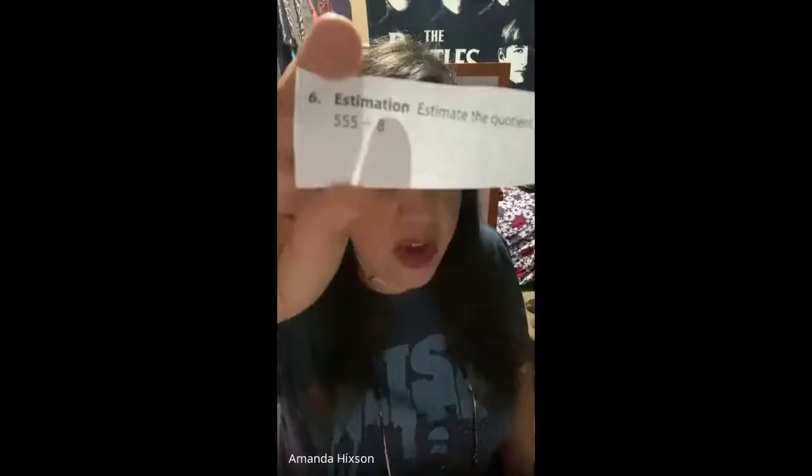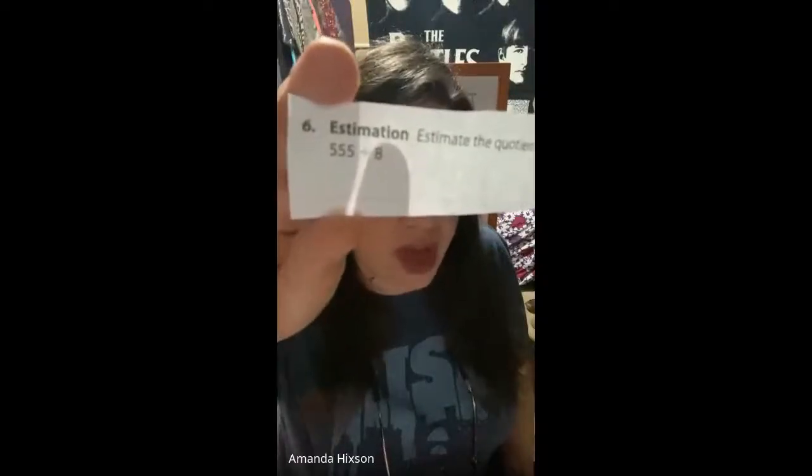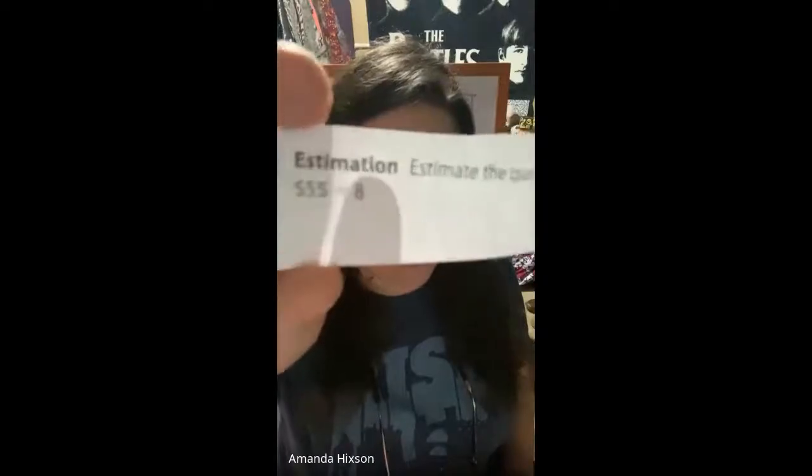Round the first number, but don't round the second number, okay? And your quotient is your answer. So it's 560 divided by 8.